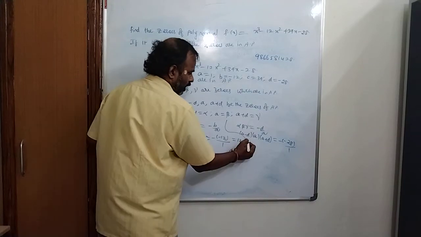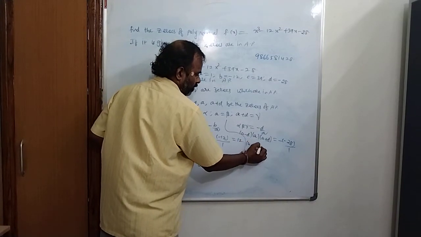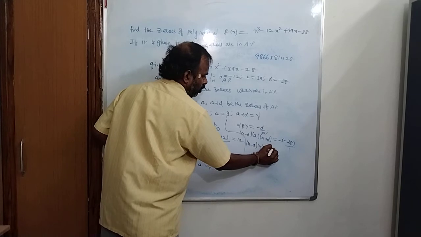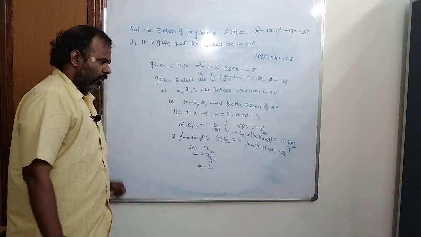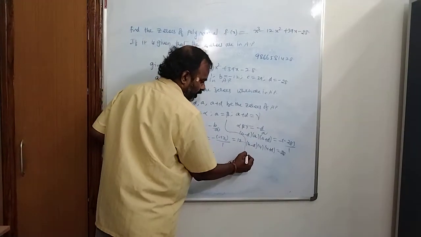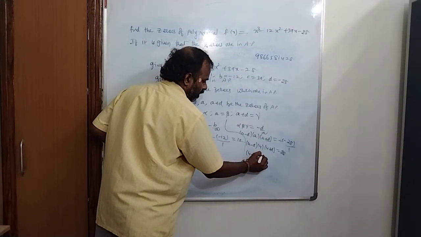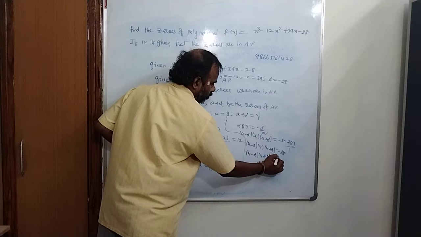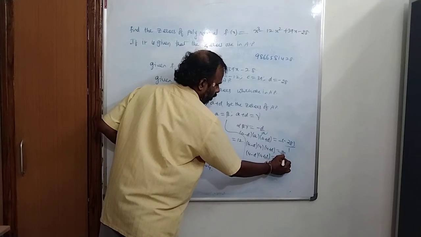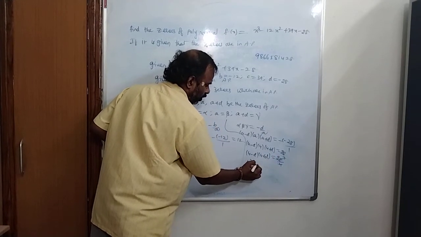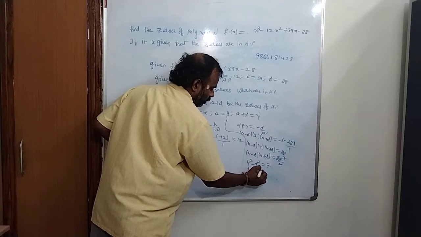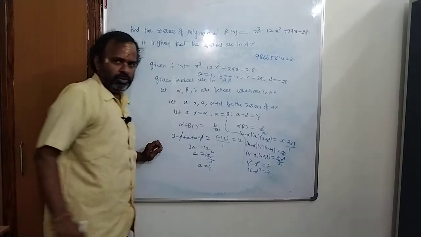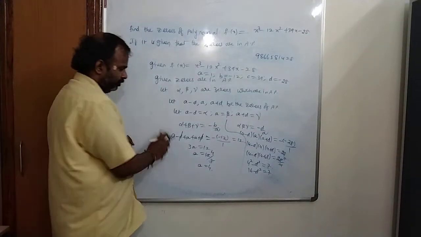So here a is 4, 4 minus d, 4 into 4 plus d is equal to minus into minus plus, so 4 minus d into 4 plus d is equal to 28 by 4. So here 4 square minus d square, 16 minus d square is equal to 7.